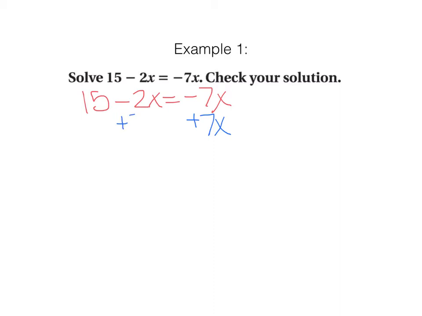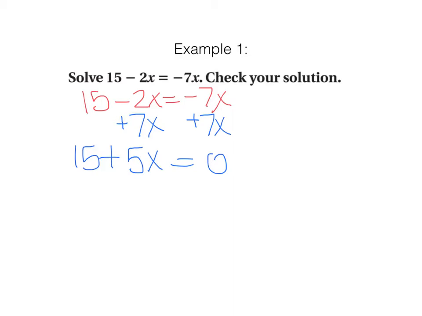So I'm going to line up the 7x on both sides. The negative 7 and the positive 7 cancel to give me 0. The negative 2x and positive 7x: I owe 2 x's, but I have 7, so I still have 5x. And that is going to be plus the 15.